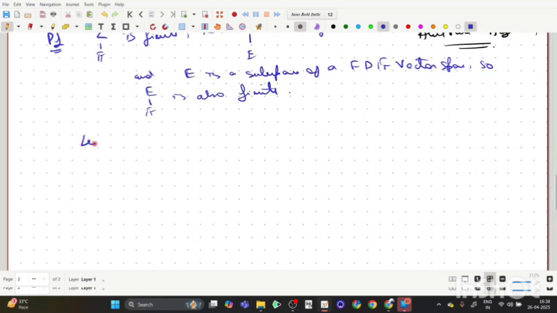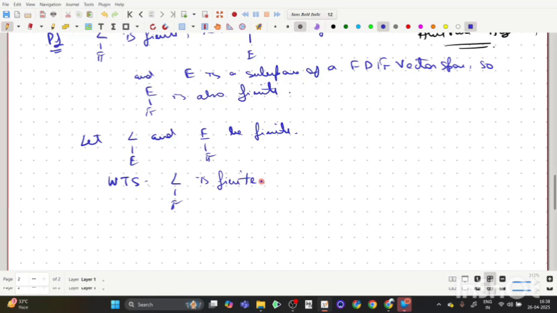Okay. Now let L over E and E over F be finite. What do we want to prove? To prove that L over F is finite. Okay. Let us do one thing. Let us choose some basis elements.